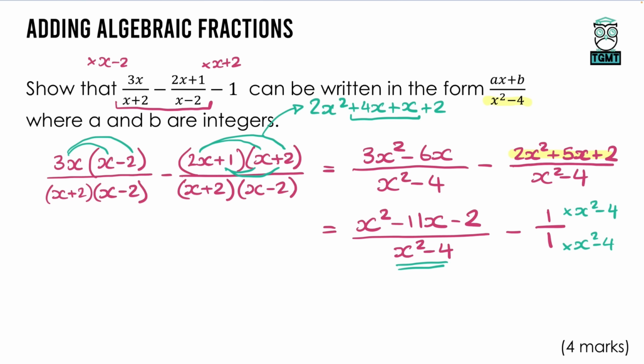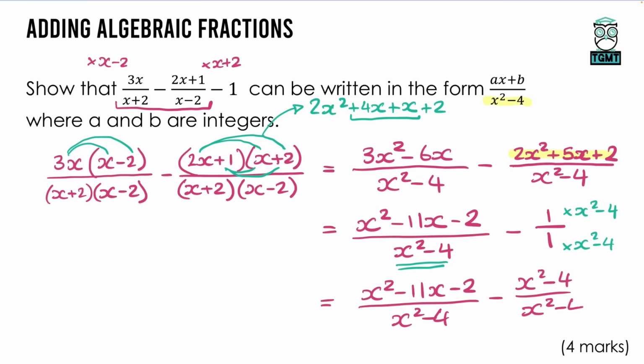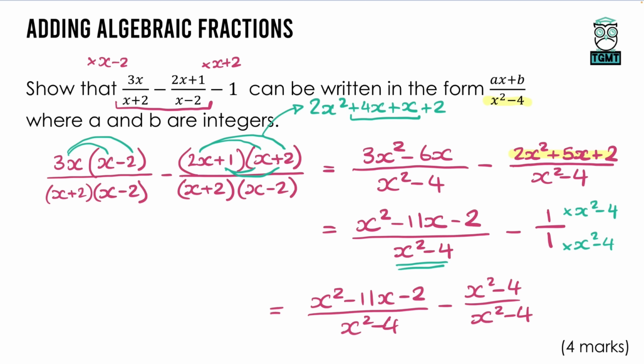So if I write that out so I can deal with this subtraction, on the left we have x squared minus 11x minus 2 all over x squared minus 4, and the right fraction is going to be x squared minus 4 over x squared minus 4. And again, being really careful here because we do have that subtraction again. So when we subtract these, we are going to need to be really careful with those positive and negative symbols.